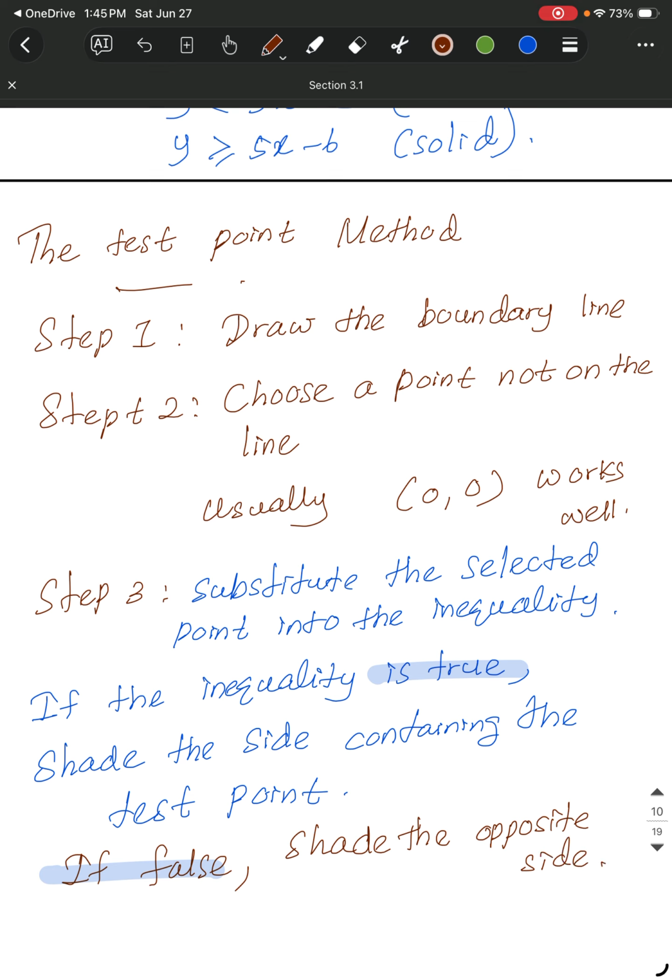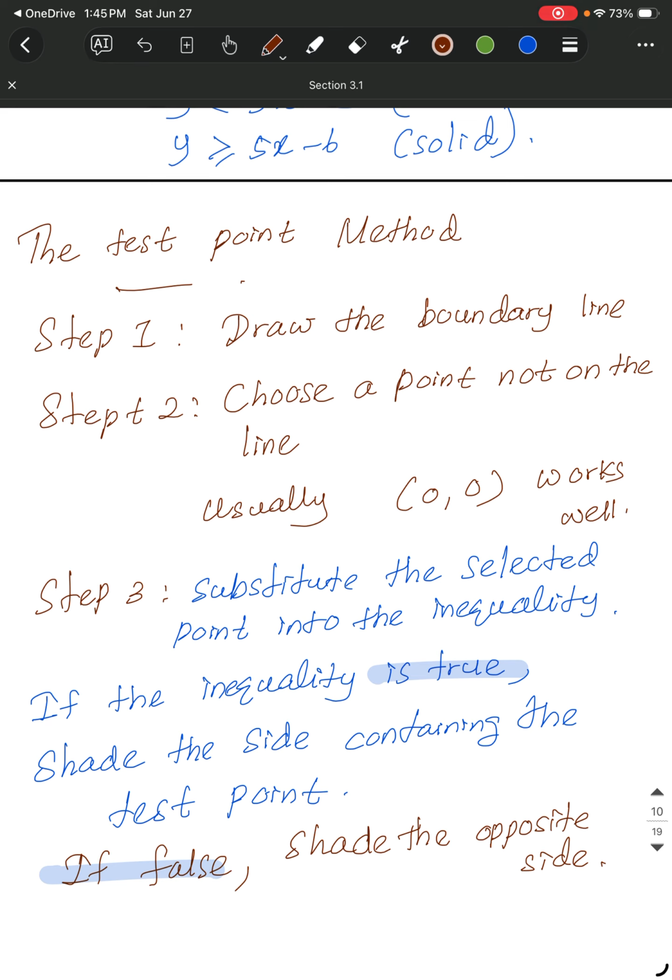Okay, first draw the boundary line, which can be solid or dashed. Second, choose a point not on the line. Usually 0, 0 works well because it is easy to plug in. Step 3, substitute that point into the inequality. If the inequality is satisfied, that point is included in the solution region, therefore shade the side containing the test point.